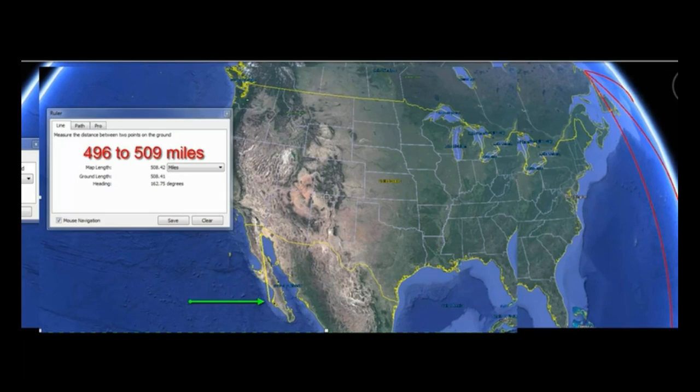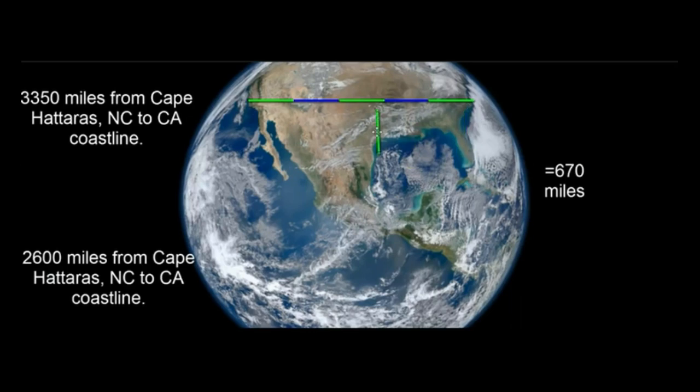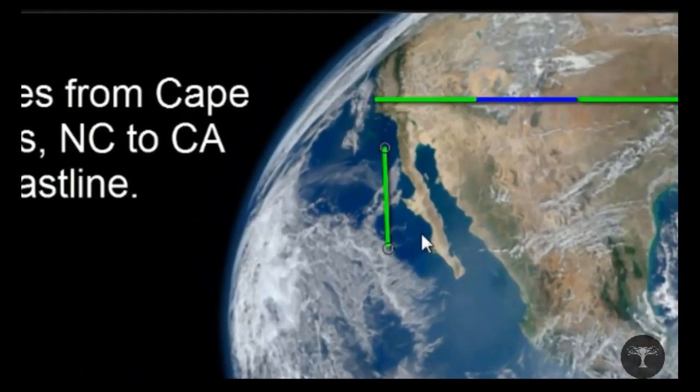So let's go back to the other map. And now we're going to grab the 670 miles here. Remember, this line represents 670 miles because that's the distance from Cape Hatteras, North Carolina to Lake Okeechobee, Florida. 670 miles. And the armpit area right up here to just behind the heel should be 500 miles.